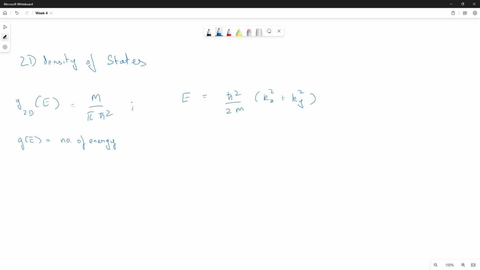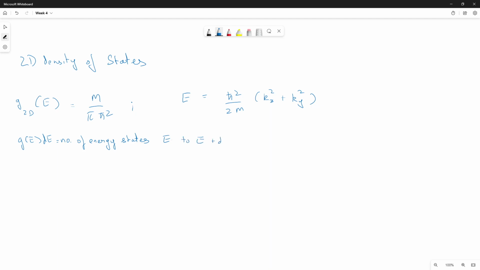Let us be more precise. In general, we write it as g(E) dE, and we say that is equal to the number of energy states in the range E to E plus dE.